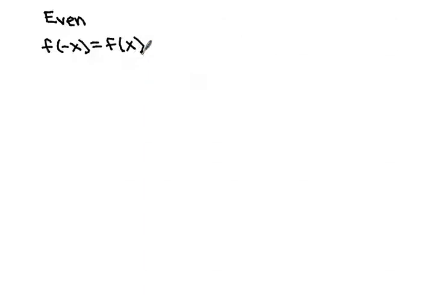This is how we'll check it algebraically. And odd functions are going to be where all of my negative x's go to a negative y. So if I have negative x's, then it will equal our negative y. That's that reflection across the origin piece.